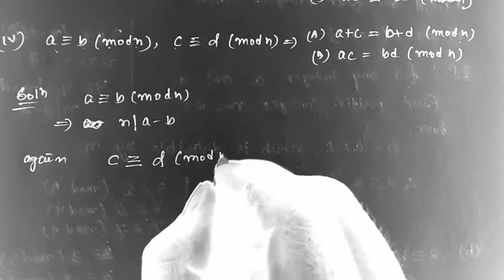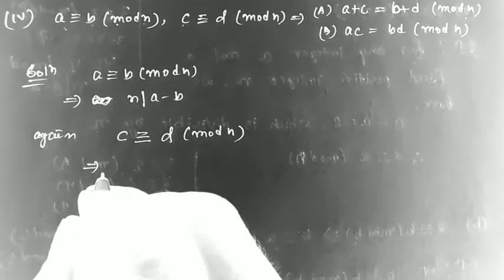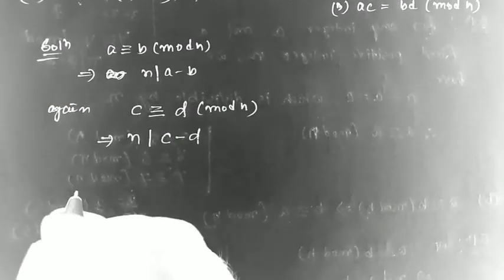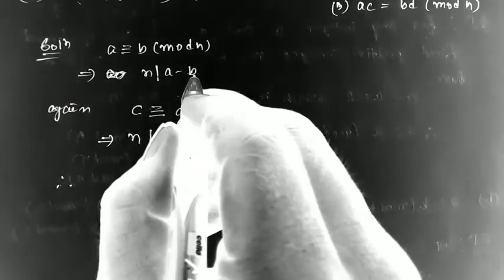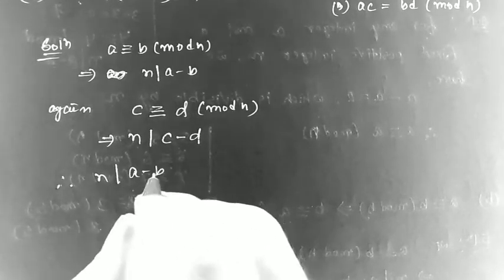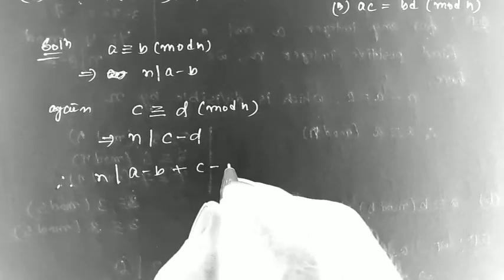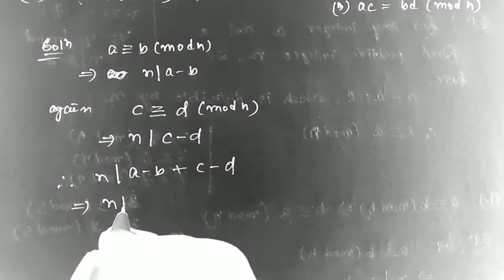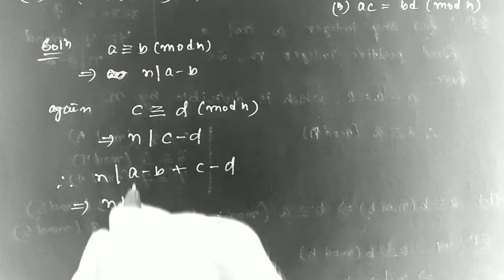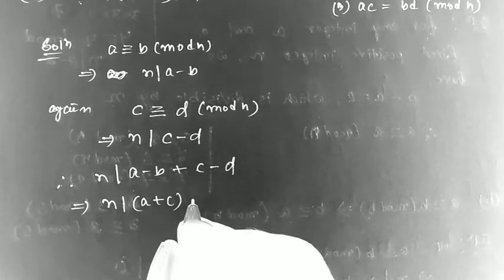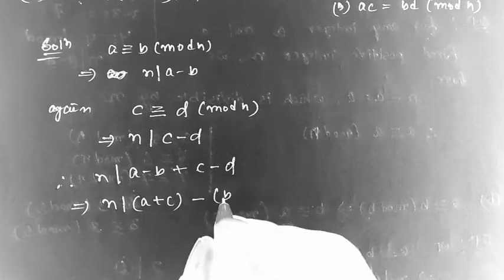So from this line we can write n divides C minus D. Therefore n divides A minus B, n divides C minus D. You can write n divides A minus B plus C minus D, and by arranging, we can write A plus C written together, minus B plus D.